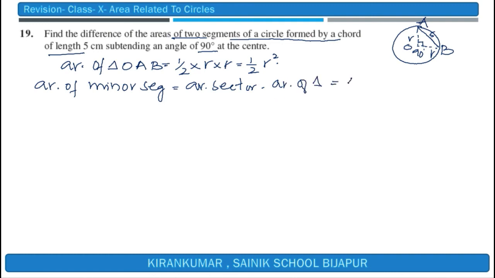Area of the sector is pi r square theta by 360 minus half r square. Since theta is 90 degrees, we have pi r square divided by 4, minus half r square, which is r square by 2.